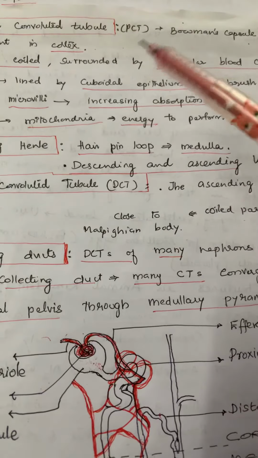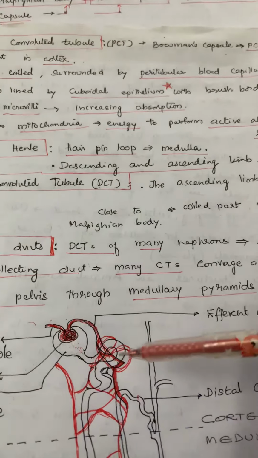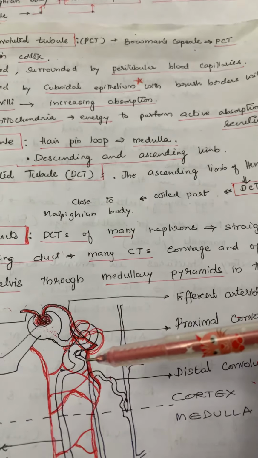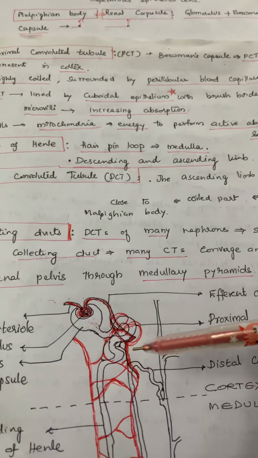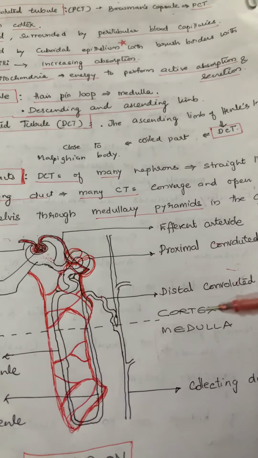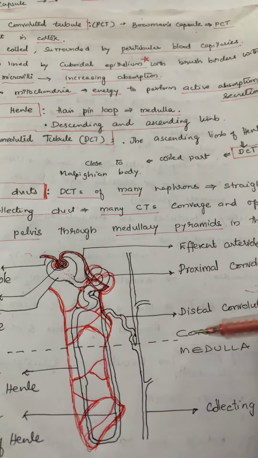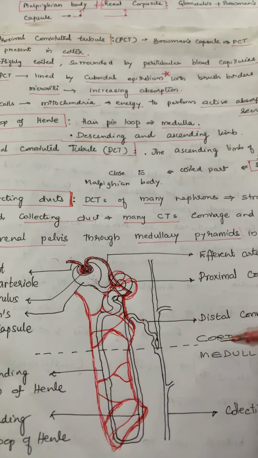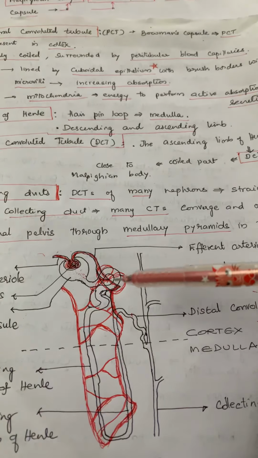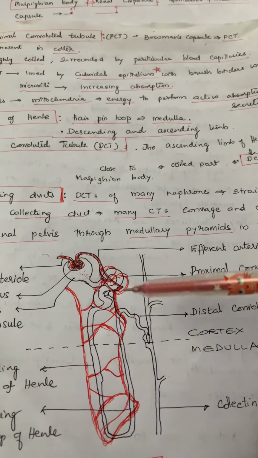Coming to the proximal convoluted tubule, this Bowman's capsule leads into the PCT, or proximal convoluted tubule, which is present in the cortex of the kidney. This is highly coiled and surrounded by the peritubular capillary network.